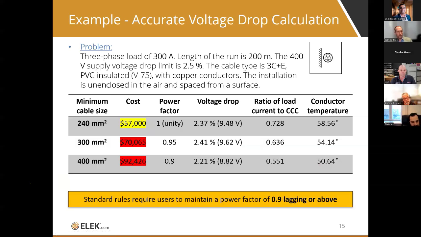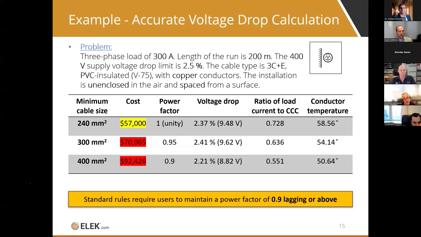Here's an example calculation where power factor alone has a very significant impact on the cable size. So it's important to understand your load power factor and to use an accurate value of load power factor. You can see that just varying the load power factor from 1 to 0.95 increases my cable size by one size, from 240 square mm to 300, and there's quite a significant cost increase as a result.